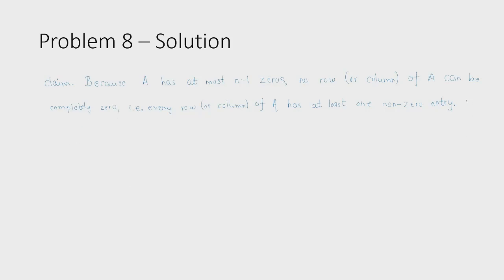Okay, so let i1 be the index of the row with the most number of zeros.